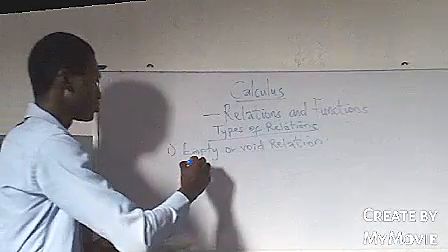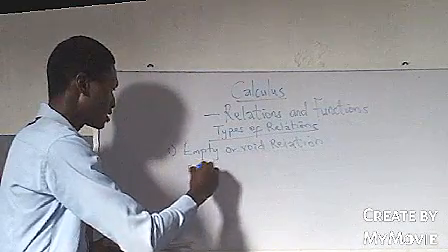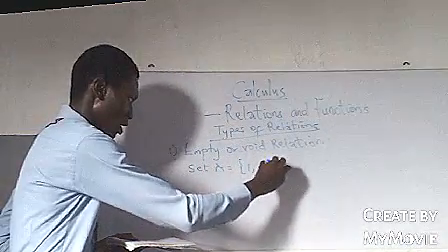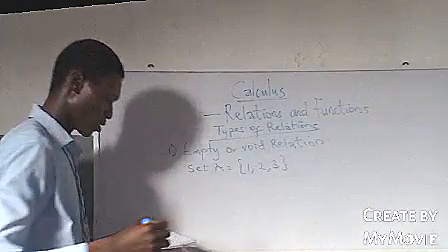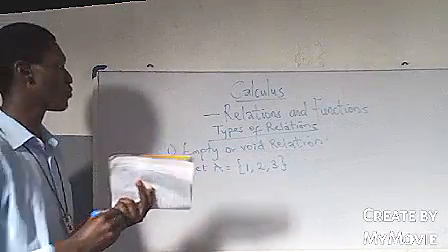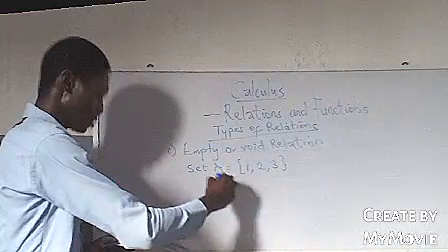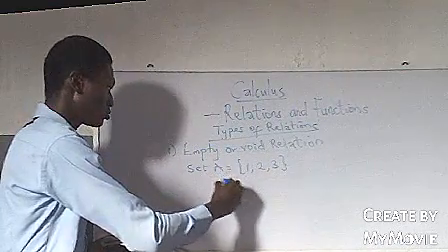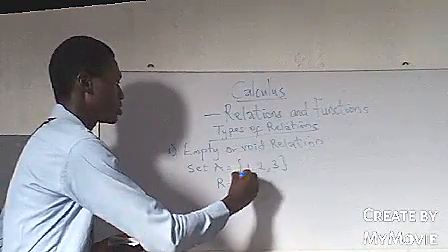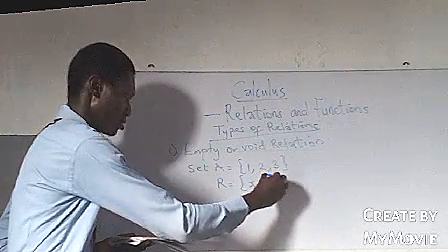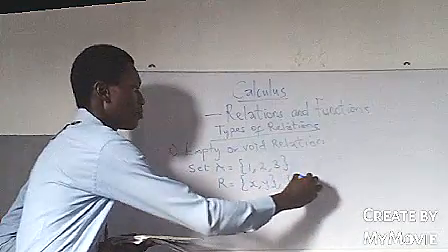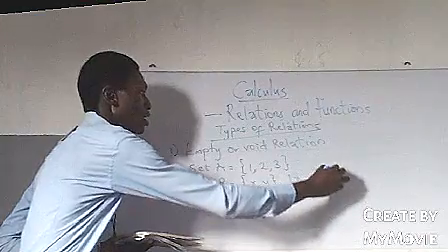For example, if set A is given as 1, 2, and 3, then an example of a void relation would be using x, y, such that x minus y is equal to 8. We use our arrow to signify relation.